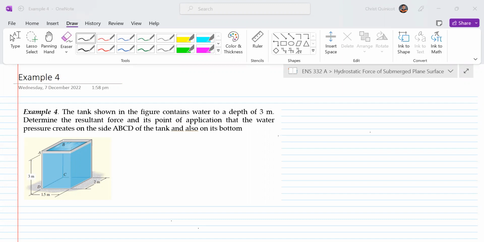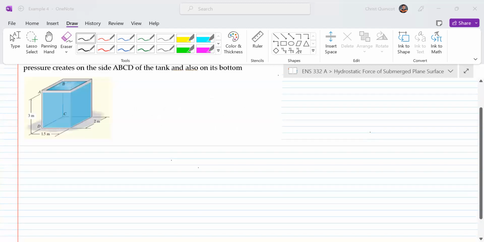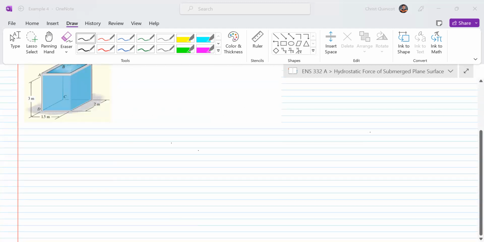Now, with the concept of rectangular prism, we can do the analysis of our water pressure in terms of the original definition of pressure, which is force over area.